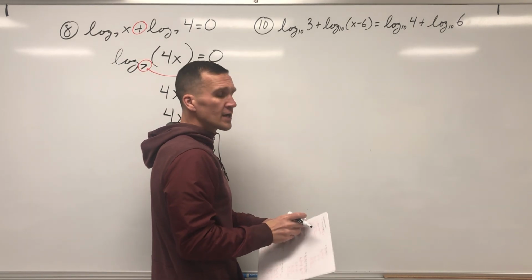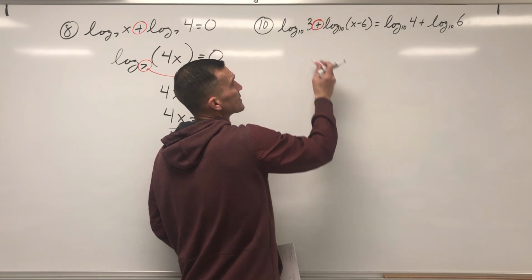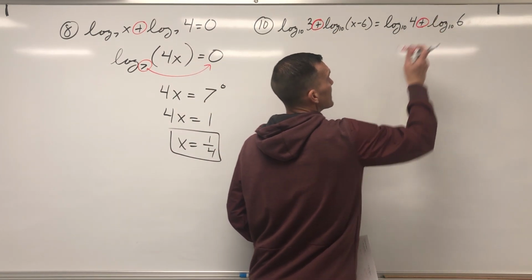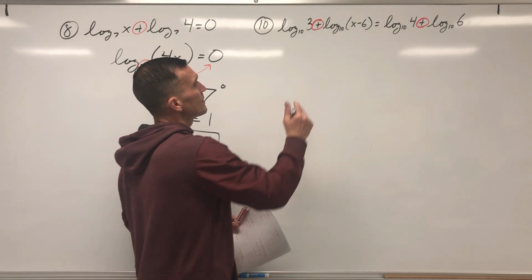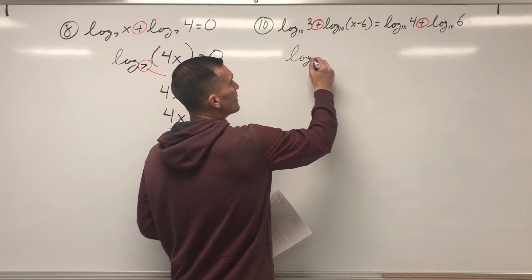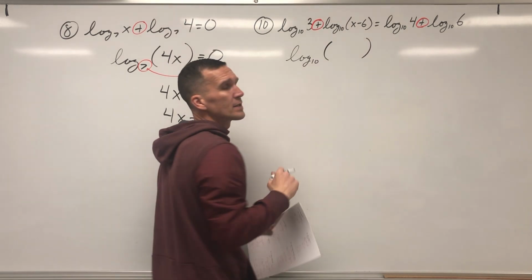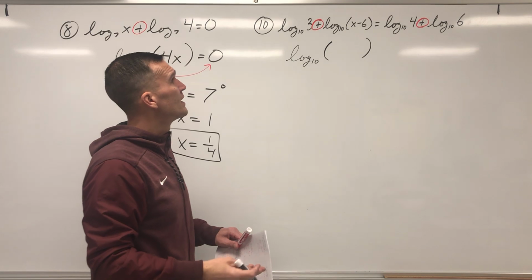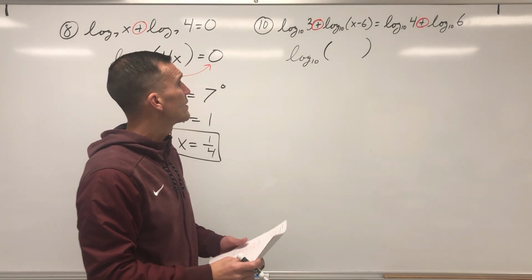So I'll look at this and I'll realize, well, it's actually 2 product properties. We have a plus sign there, we have a plus sign there. So on the left side, I can condense them to a single logarithm as long as I multiply their arguments. Now, we saw the other day that we probably should distribute whenever we have a monomial times a binomial.